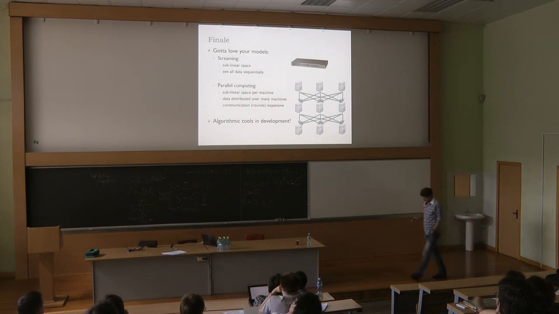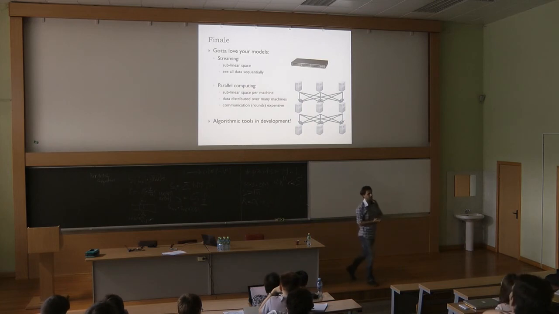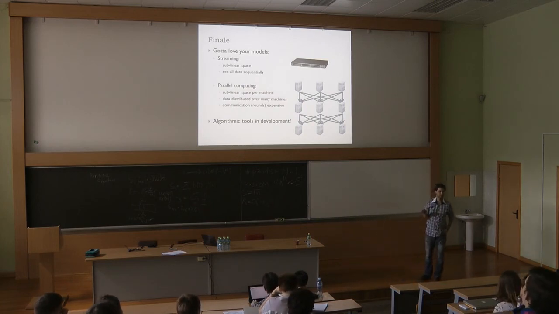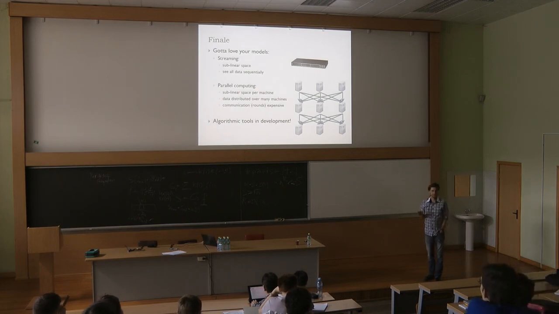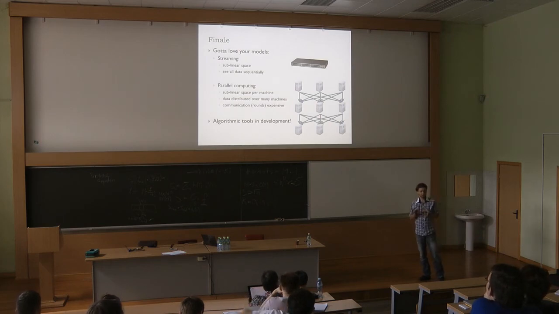Really, the message of these two lectures was that you gotta love your models. I talked about two models, and these are big models. One idea is that the models might not be completely accurate.